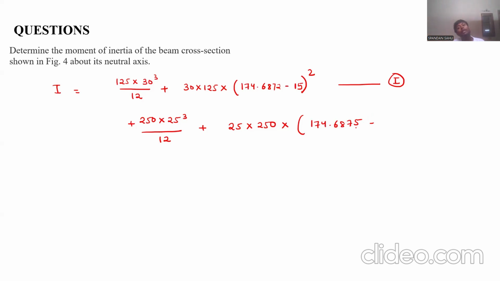It will be 30 plus 250 by 2, so 155. So this is the second.